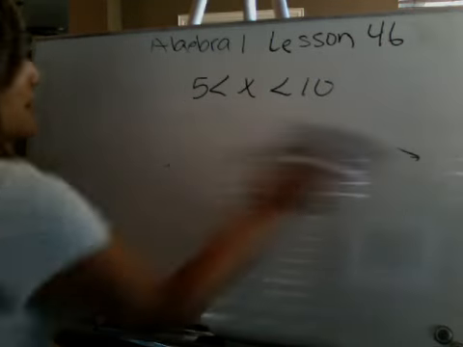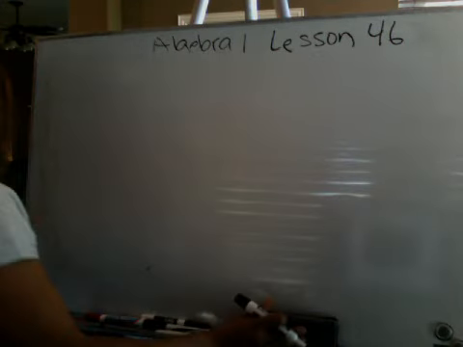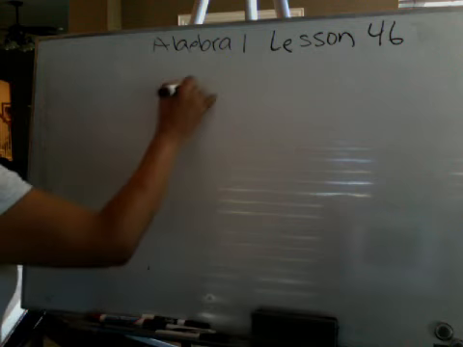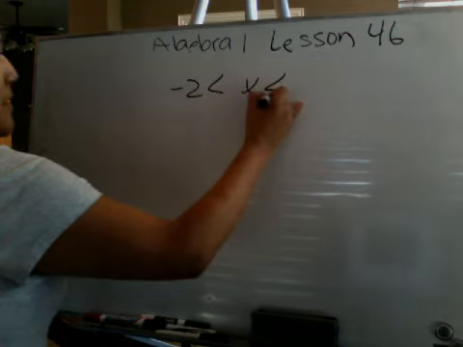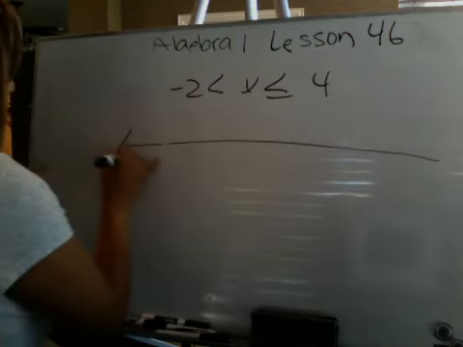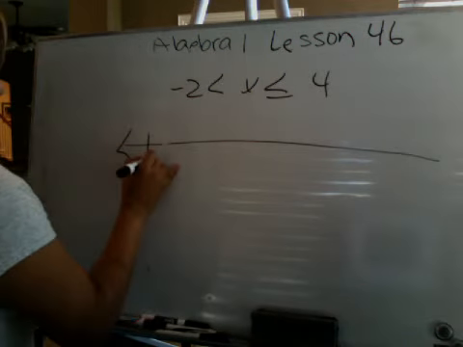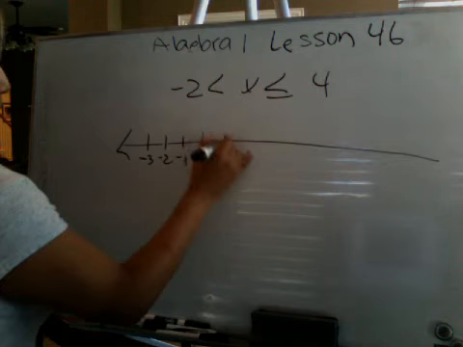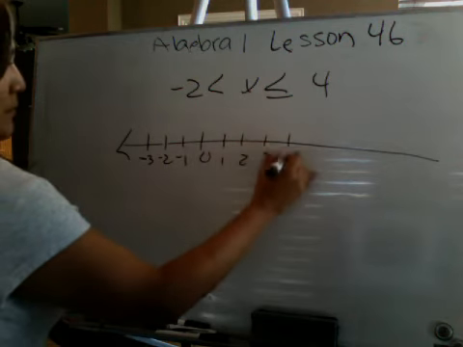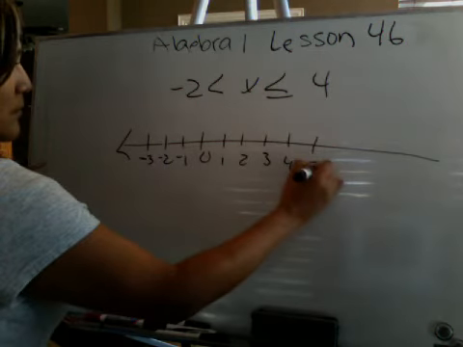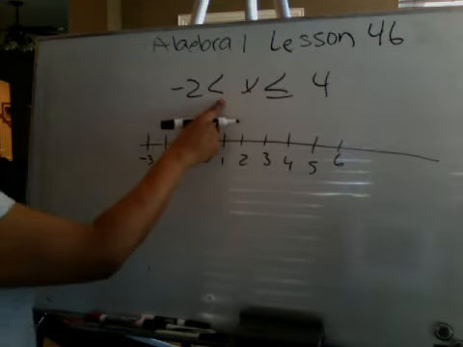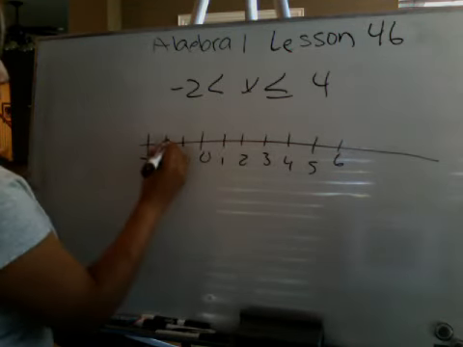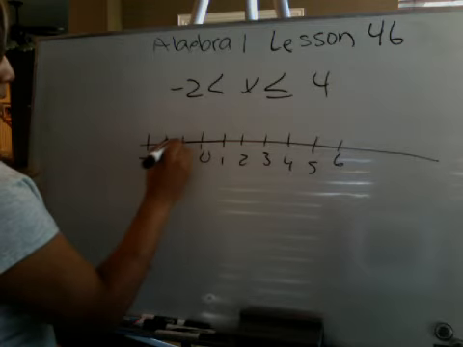So now let's look at another one. Let's draw a number line that says negative 2 is less than x less than or equal to 4. Okay. So I'm saying x is greater than negative 2, so it's going to go this way.